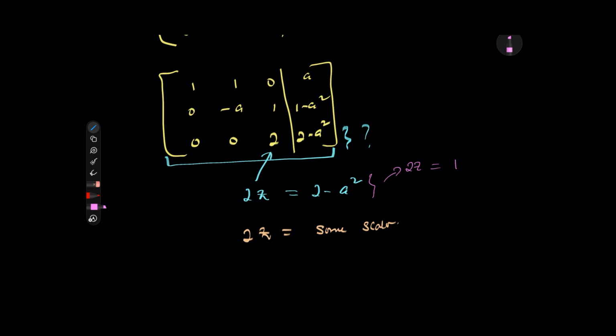So I'll get 2z is equal to 1. So that's fine. What about a half? A half squared is 1/4. That also gives me a proper scalar here. So it seems as though when a is not equal to 0, this gives me a unique solution.